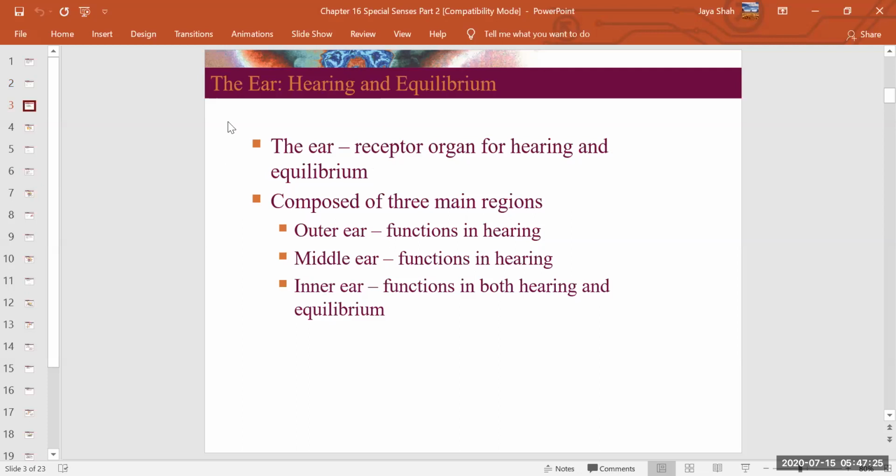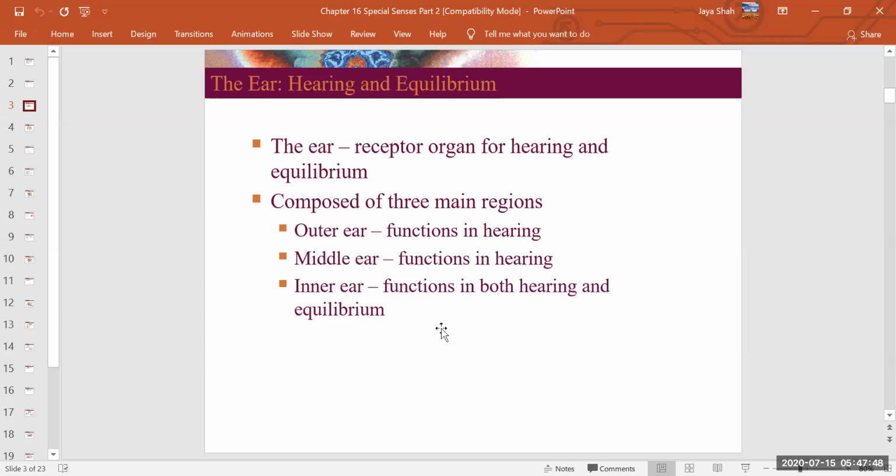So the ear is the organ of hearing and equilibrium, the receptor organ for hearing and equilibrium or balance. The ear has three main regions: outer ear, middle ear, and inner ear. The outer ear's function is absolutely hearing. Similarly, the middle ear has the sole function of hearing.